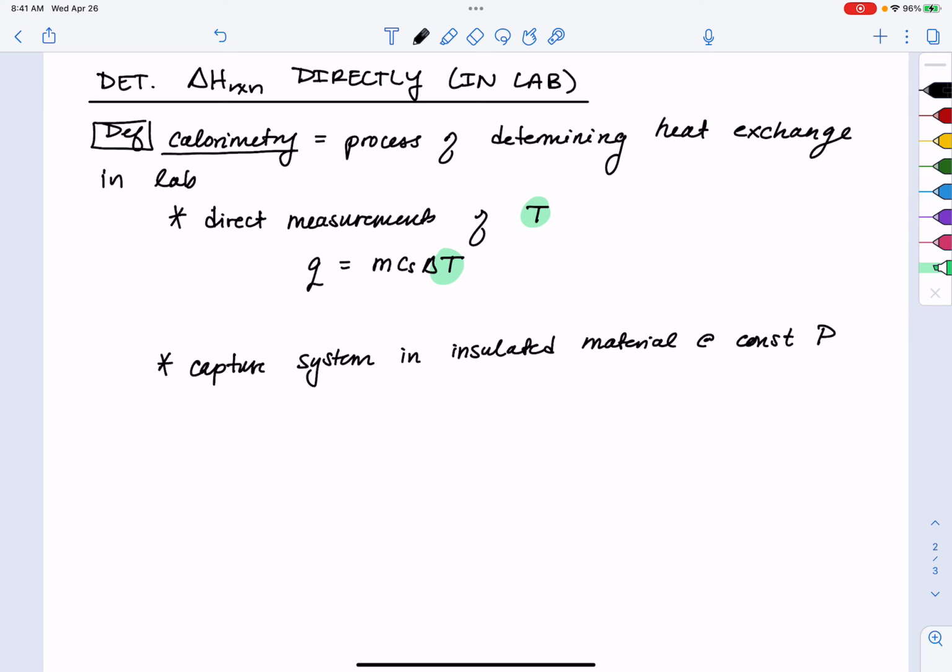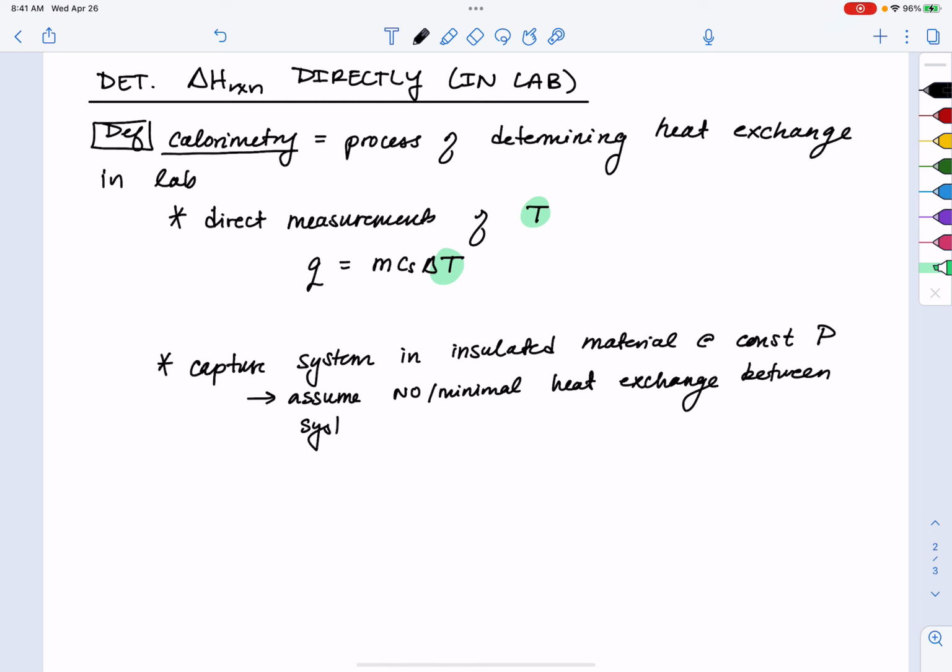So in calorimetry, we are looking at a system that's in some insulated material. This is going to allow us to assume that there is no or minimal heat exchange between the system and the surroundings outside of the container.